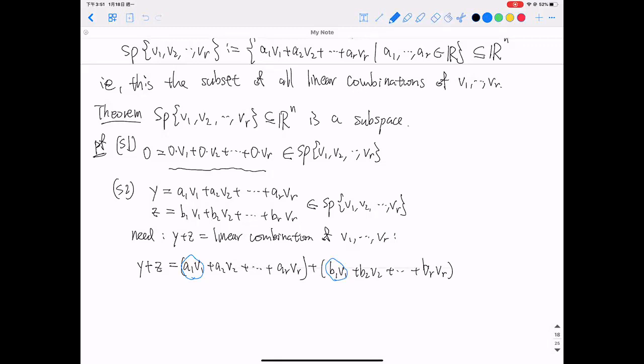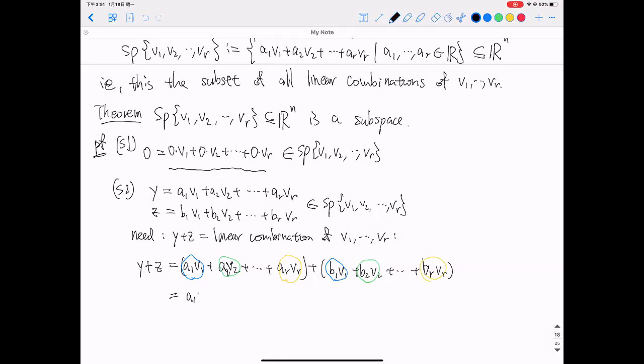So a1v1 and b1v1 should be put together, a2v2 and b2v2 should be put together, arvr and brvr should be put together.